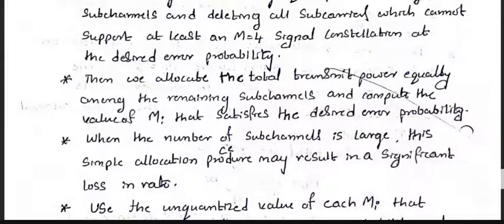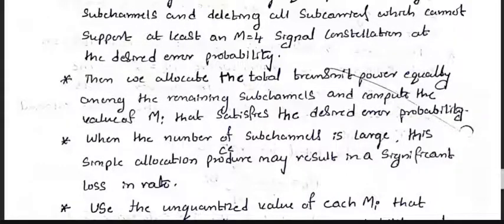Whatever procedure we have discussed just now, how exactly bits will be allocated: if the particular subchannel has the efficiency to transmit those messages, then only the power will be allocated. This is a simple allocation of power and bits.